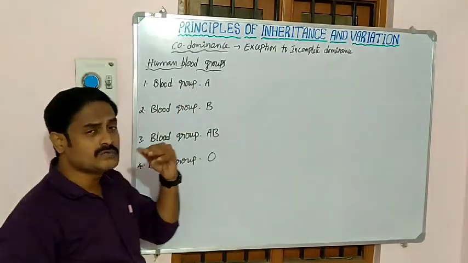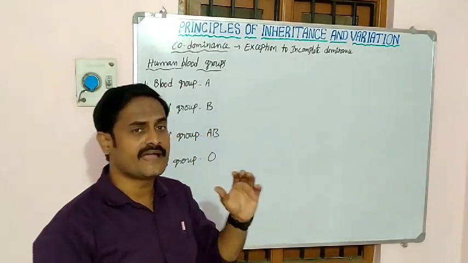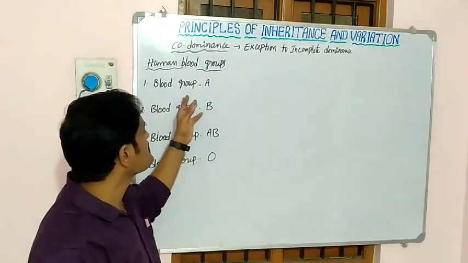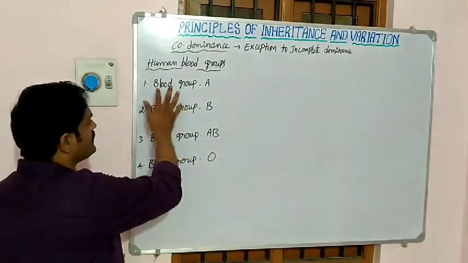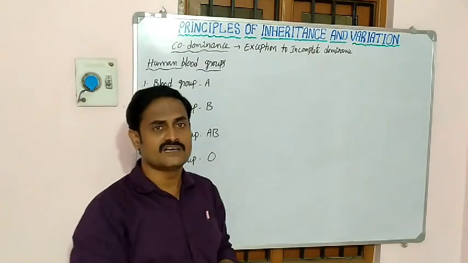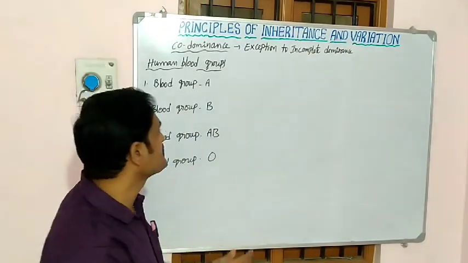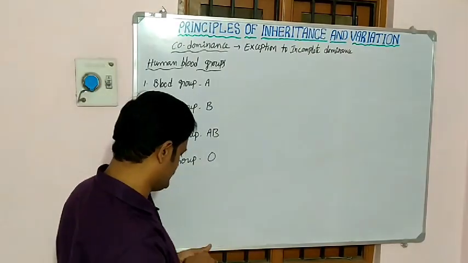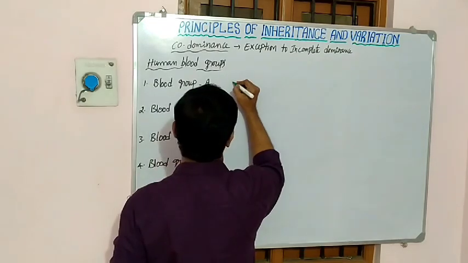Okay, how to detect the blood groups and what kind of arrangements we are seen in the blood groups. See, for example, this blood group A, what kind of alleles are present? For suppose I will take chromosomes here.